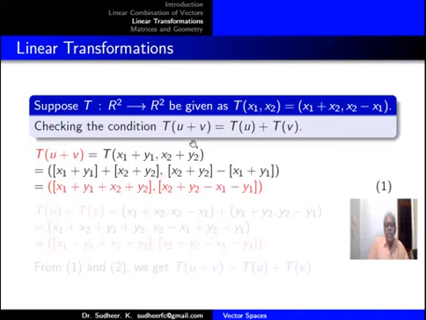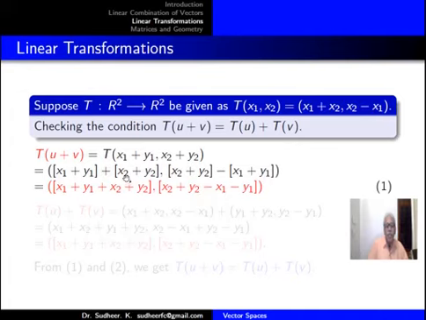So checking the condition T of u plus v equal to Tu plus Tv. T of u plus v, you have already found, is T of the pair (x1 plus y1, x2 plus y2). But what is the expression for T of (x1, x2)? First coordinate plus second coordinate, that is the first coordinate of the image, and the second coordinate of the image is the difference between the second coordinate and first coordinate.